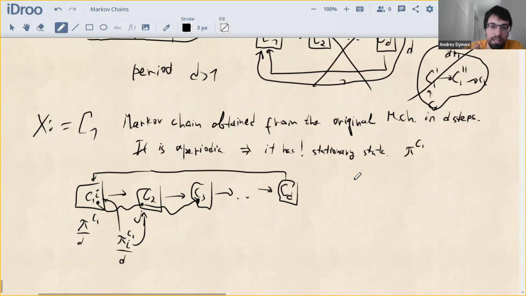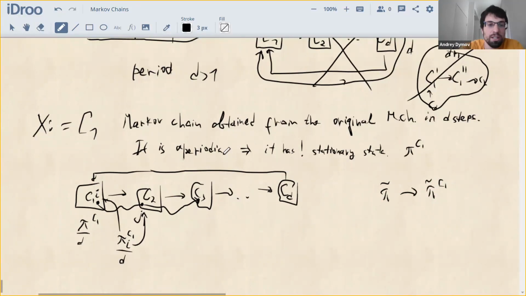Okay, so in such a way, I've constructed a stationary state for the whole chain, but my question is different. My question is why the stationary state of the whole chain is unique. But just because you can make the backward procedure. Take any stationary state of your chain, and then if you consider the Markov chain in D steps, this will give you a Markov chain on C1. It means that from this stationary state, which is a different one of my whole chain, you will get possibly another stationary state pi C1 tilde.